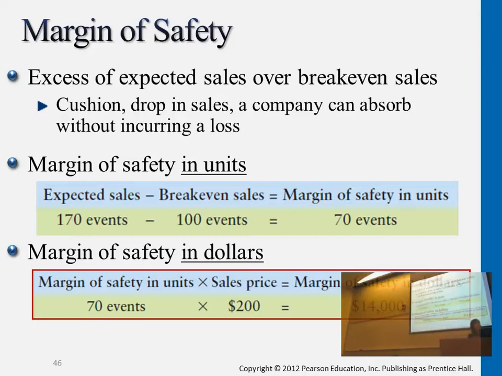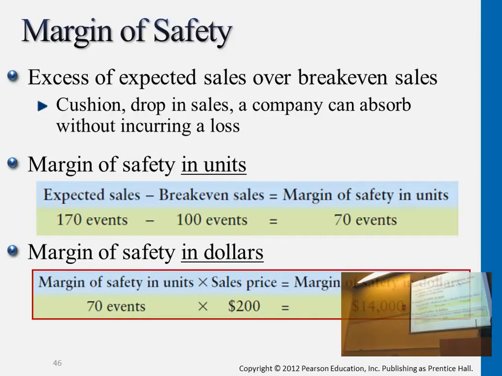So this problem tells you the break-even sales in events and units. Remember the DJ services, we calculated 100 events to break even last Friday. So if for the current season they were expecting to get 170 events at the beginning of the year, they did some research, they expect that right now the business is doing pretty good, they may be able to get 170 events from customers, then the difference is 70 events multiplied by each event's sales revenue to get this margin of safety in dollars.